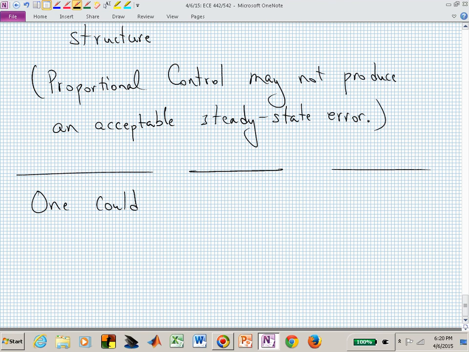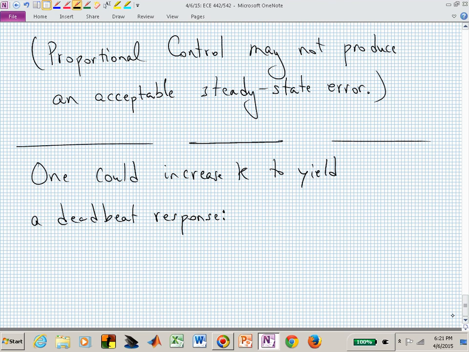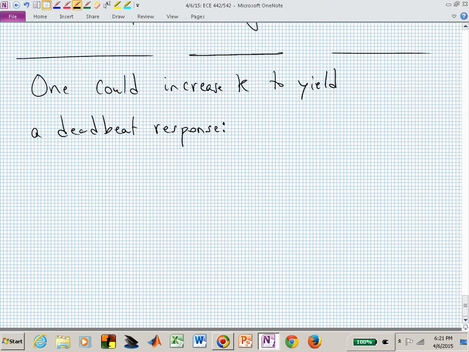We know that we may be sacrificing steady-state accuracy, but we can stabilize this system with all sorts of gains, can't we? What if one could increase K to yield a deadbeat response? I might ask that on the exam. I might say, design a controller, a proportional controller, to give you a deadbeat response.